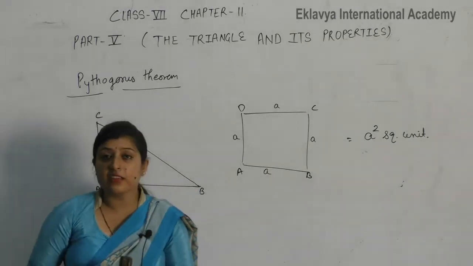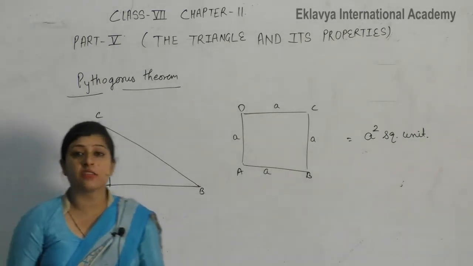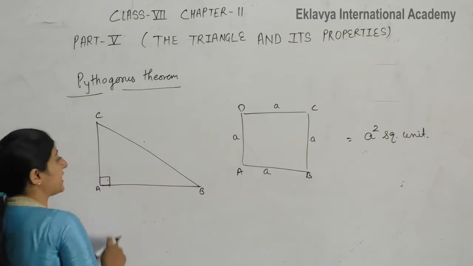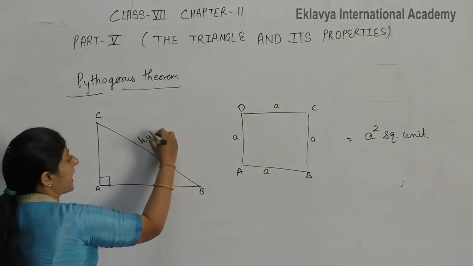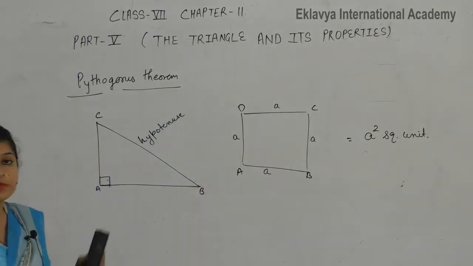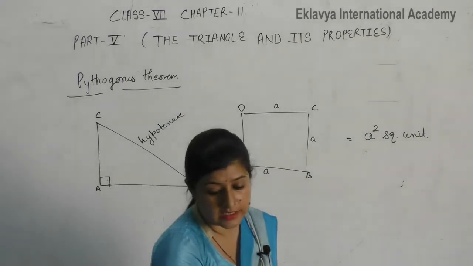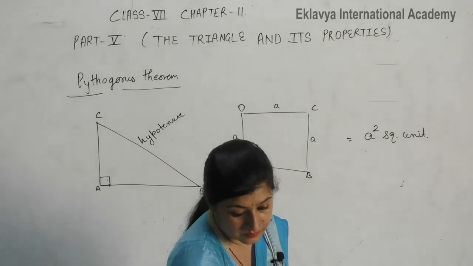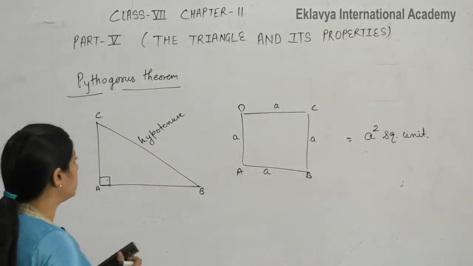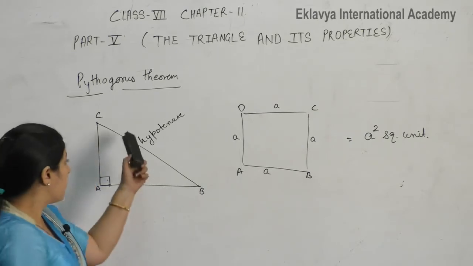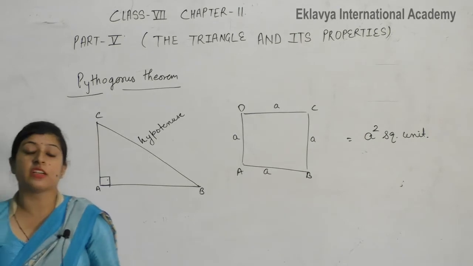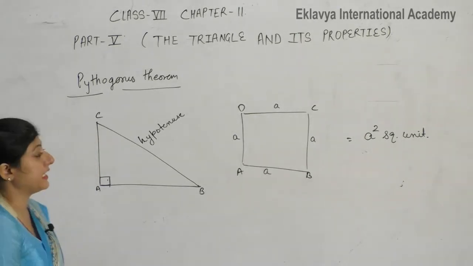In this, one of the angles is equal to 90 degrees. And the side opposite to the 90 degree angle is the longest side and is called the hypotenuse.